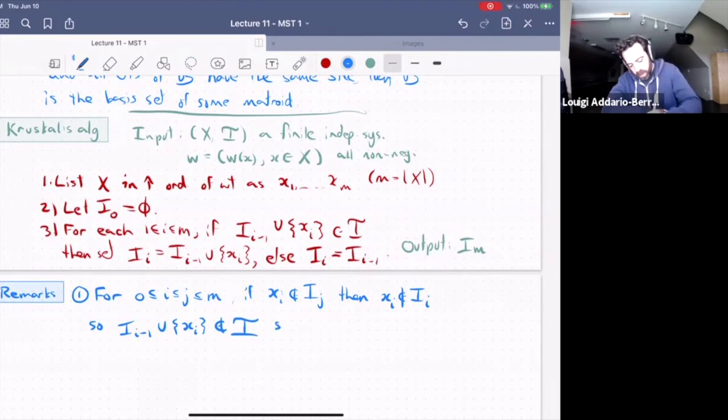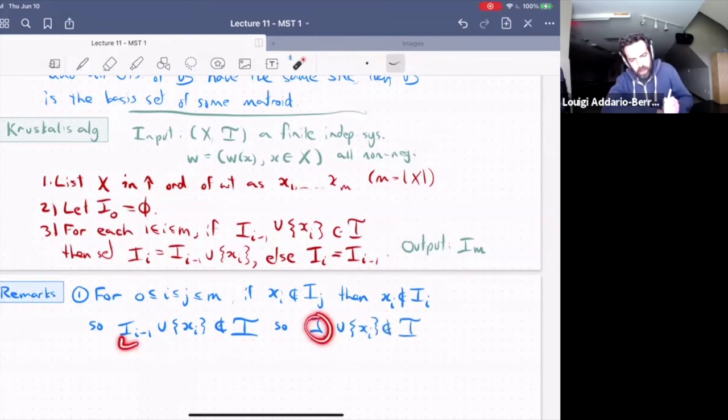And now, because an independent system is downward closed, if this isn't in I, then Ij union xi also isn't in I, because Ij is bigger than Ii-1.